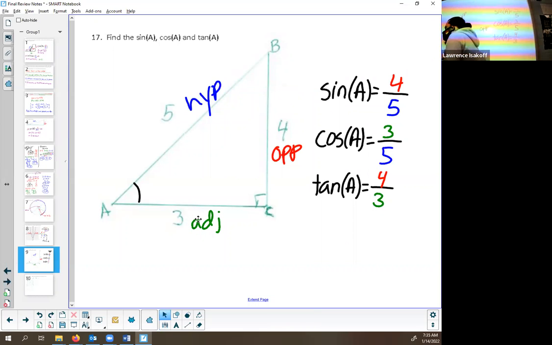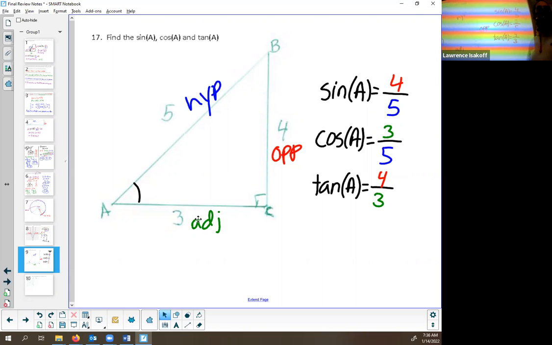If you wanted to make these answers decimals, I guess you could. I'm not going to complain too much about that, but they're very easy to read as fractions, and they tell me more as fractions as well. When I look at this as a fraction, and you'll get into this in later math classes, you may say, oh, I know the sine of A is 4/5, and then start to work backwards and start drawing this picture.